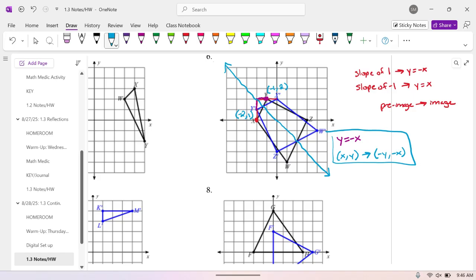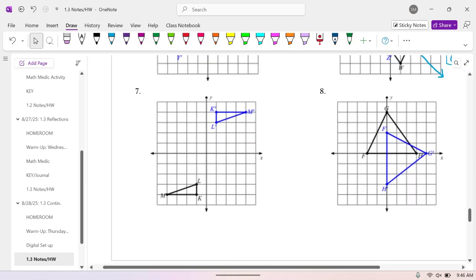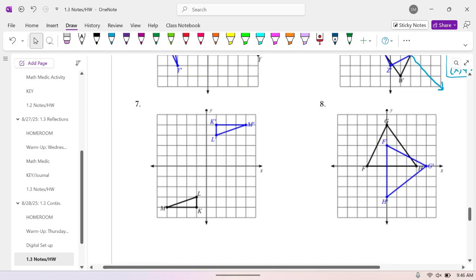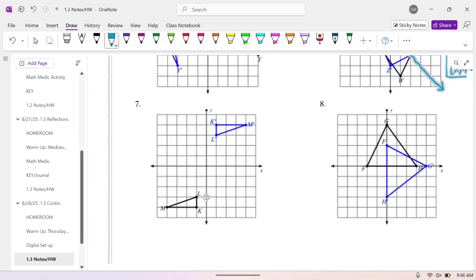Yeah. Okay, 7. All right, this might be... Okay, so this one's actually a multiple transformation. 2 reflections happen. All right. So if we start with our pre-image, or no? Okay, first off, let's just start by listing the points.